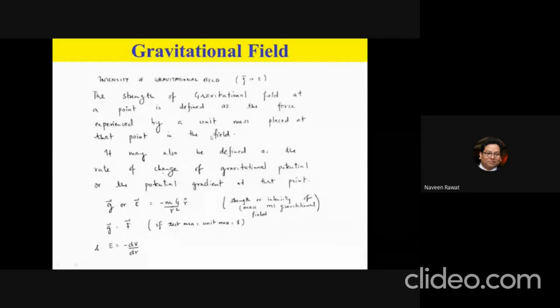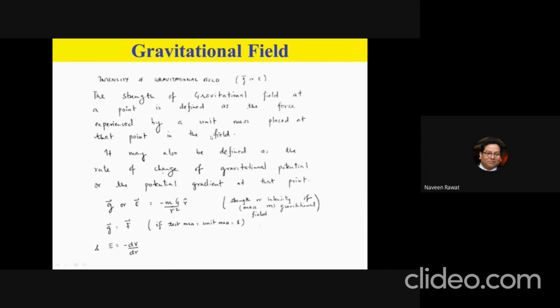If something comes in the vicinity of, let's say, where the moon was, then it would feel the same amount of force as long as it has the same amount of mass that the moon has. If there is some other mass there, then it will feel a different amount of force, but it will feel the force always, because the gravitational field is always existing from the source particle that is present in nature. Okay, so that's how we are trying to get to the idea of the gravitational field.